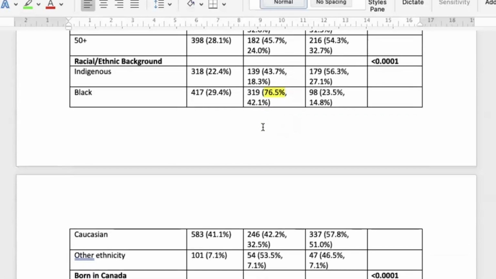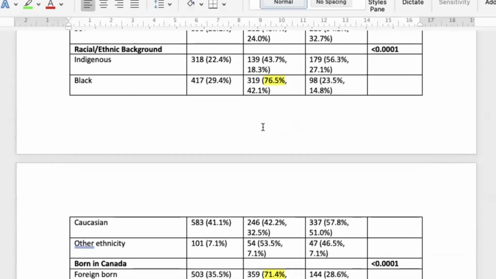Okay, and then we have ethnicity. 43% of Indigenous women had high disclosure worries. 76.5% of Black women had high disclosure worries. And 42%, we have to change the Caucasian, we typically use white now, had high disclosure worries, 53% of other ethnicities, statistically significant.